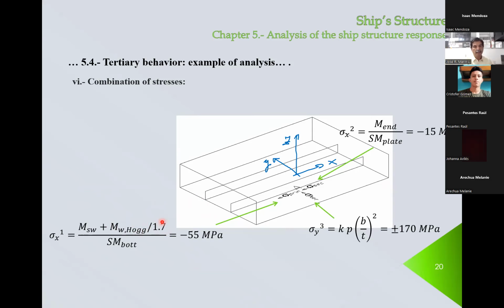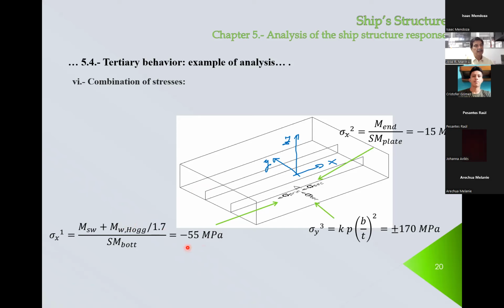Remember that the bending moment in waves is a quantity which is changing in time, right? So that means that not necessarily the three effects take the largest value simultaneously. So if you take the complete value, you're going to analyze a structure with an extra value.